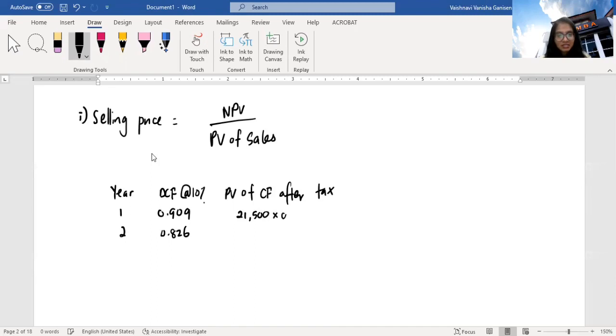After tax is 0.8. And to calculate the present value, I need to discount it at 0.909. Same, 21,500 after tax multiply 0.826. So what is my present value of after tax sales?